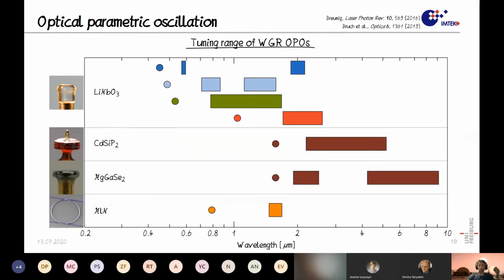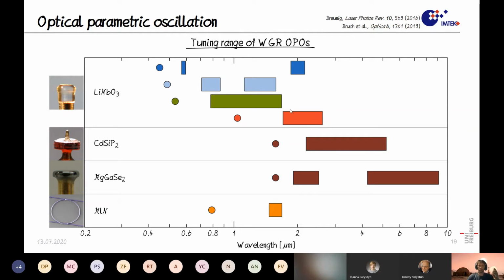And if you collect all the tuning ranges of whispering gallery OPOs, then you will see, if you pump, for example, lithium niobate devices in the blue, you can go even into the green region here to the near infrared. Then with cyan light, you have maybe some orangish or reddish light here in the low wavelength range.